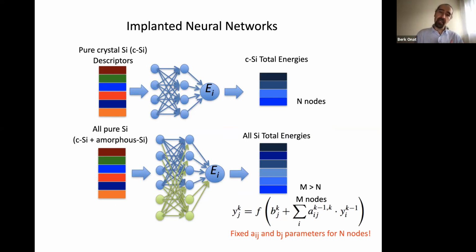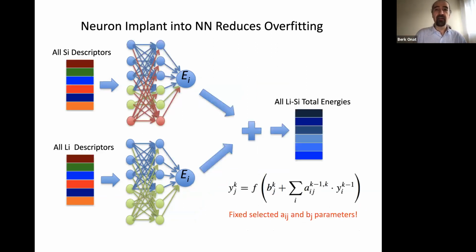Then we add new layers, add the amorphous structures, for example, show all these crystal and amorphous structures, and train our neural network, but fixing the blue part, the blue nodes, which means that we fix the AIJs and the bias parameters of the N nodes while we increase the number of nodes to N. And we also did it for the lithium part, because we have two neural networks, one for lithium, one for silicon. And when we combine them, we also add new layers.